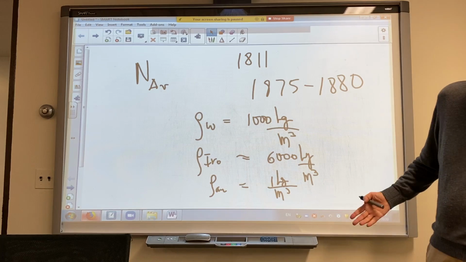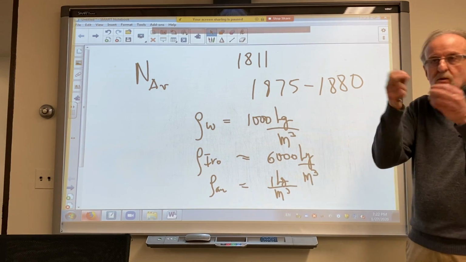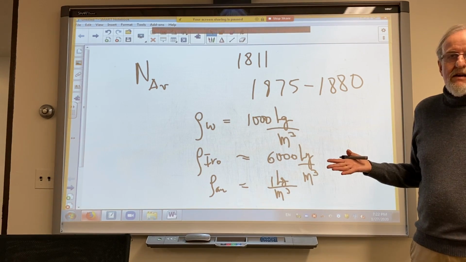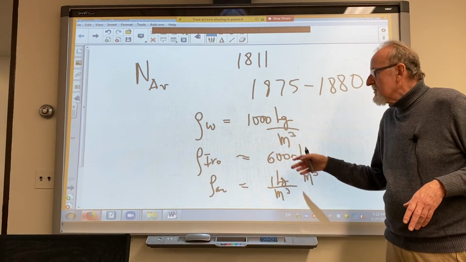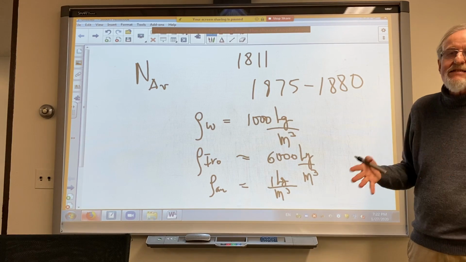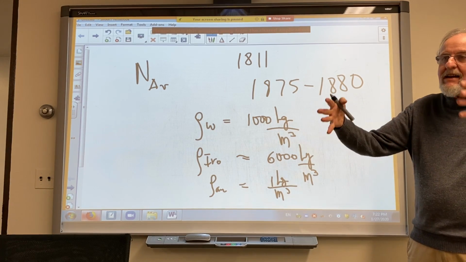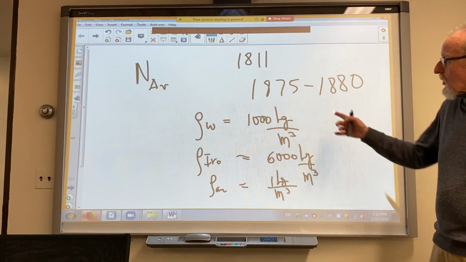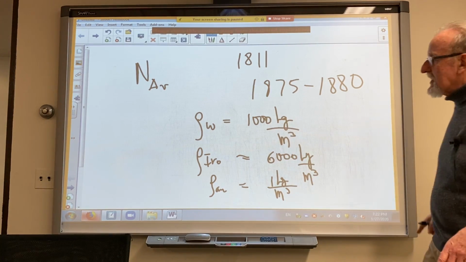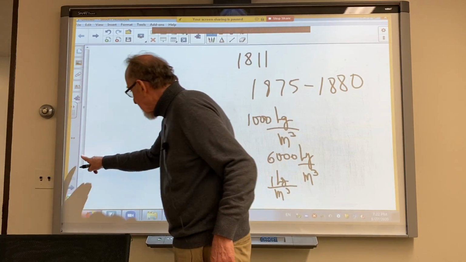So the idea, we know what happens. The molecules in air are farther away than the molecules in water or in iron. They are less compact. So that's why in the same volume we have a much smaller mass. So that was information that was available to them.